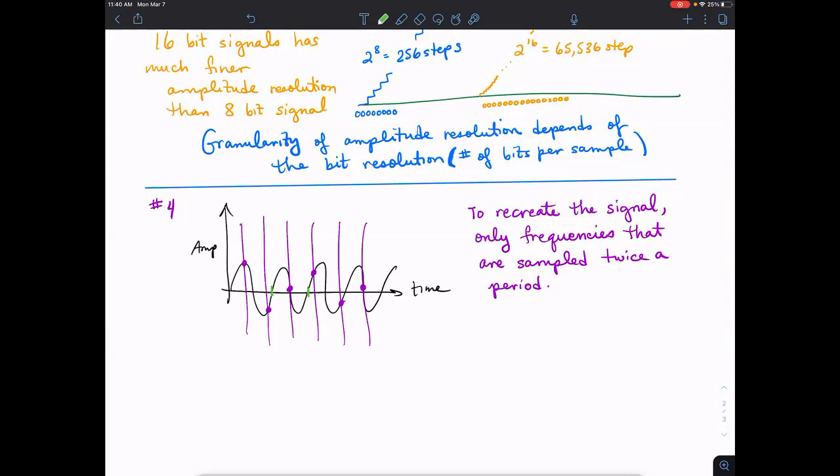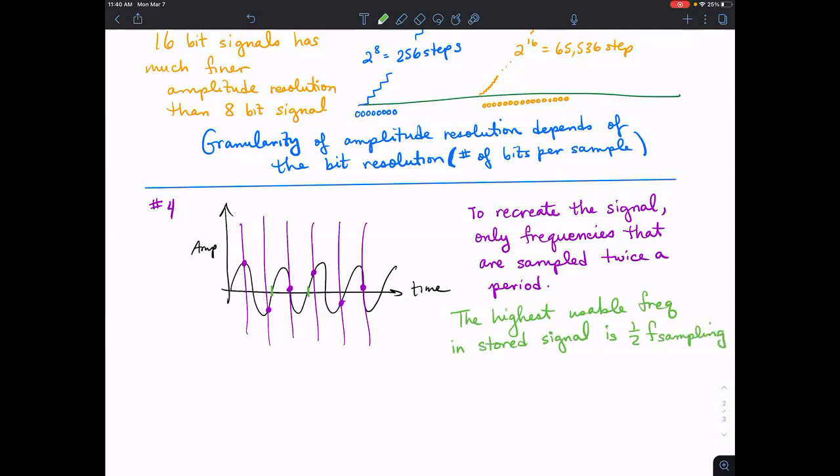And so the way we say that is the highest usable frequency in the recording and the stored signal is half the sampling frequency, or the sampling rate.